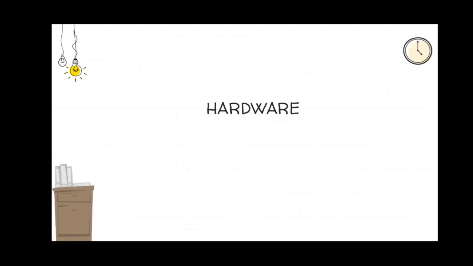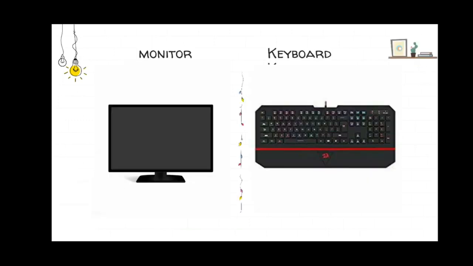For example, monitor. Monitor is an output device. It is also known as visual display unit. Keyboard. Keyboard is an input device. It is used to enter data into the computer by pressing different keys on it.